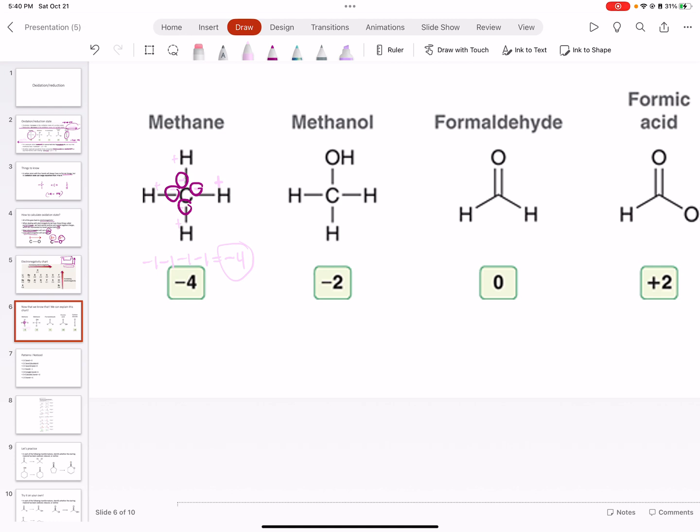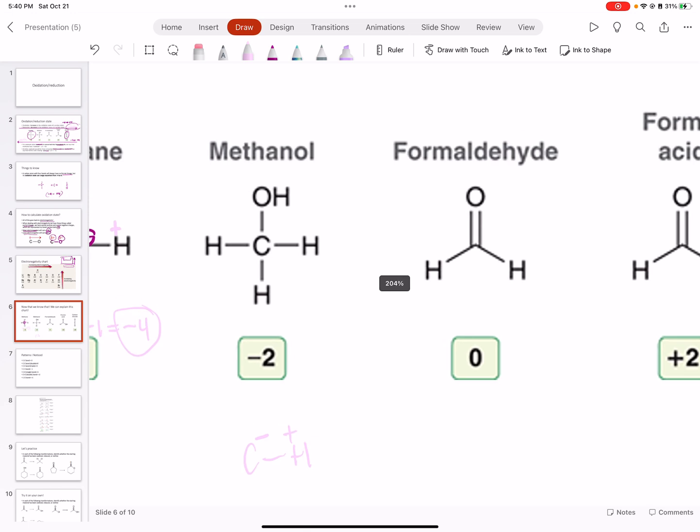Okay, so for example, here we have 3 carbon-hydrogen bonds, and carbon is the more electronegative, so it's going to carry the negative charge, and hydrogen is going to carry the positive charge.